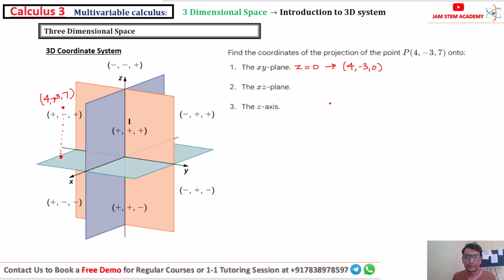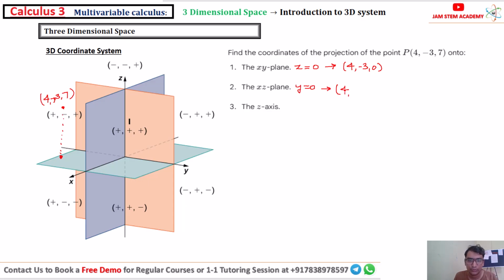Next one, xz plane. Now I have to drop a perpendicular on x and z. Which one is xz? This vertical one. On the xz plane, the value of y is always 0. So put y equal to 0. That gives 4. We are not traveling any distance along the y direction this time.